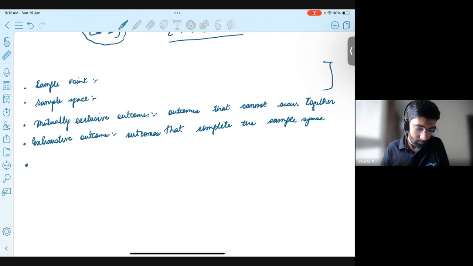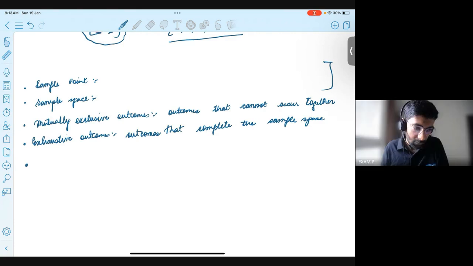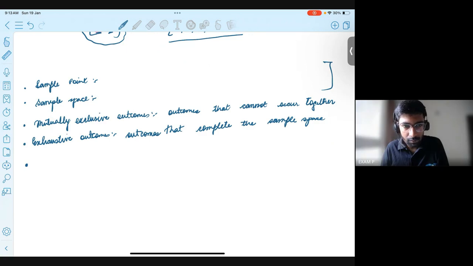Sir, exhaustive outcomes can be mutually exclusive as well, right? Yes. And mutually exclusive can be exhaustive. It's not necessary in any of these cases. Okay.